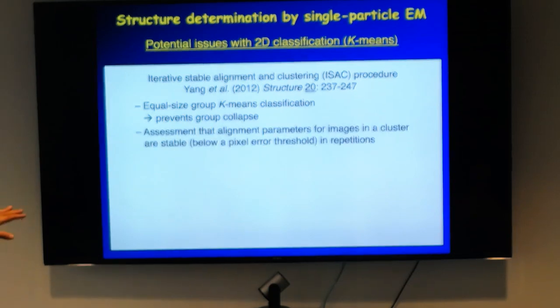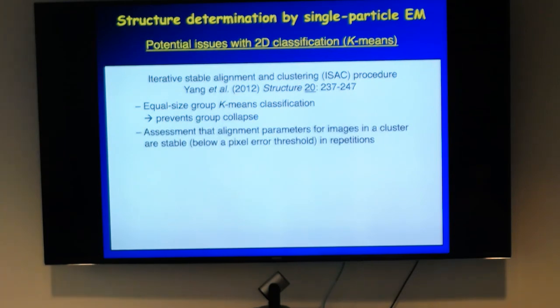Then it does an alignment, classifies, and does this several times, and it checks whether the alignment parameters of the particles in a class are stable or moving around. If they're moving around, it means this is not a very good particle because it's not easy to align or classify.